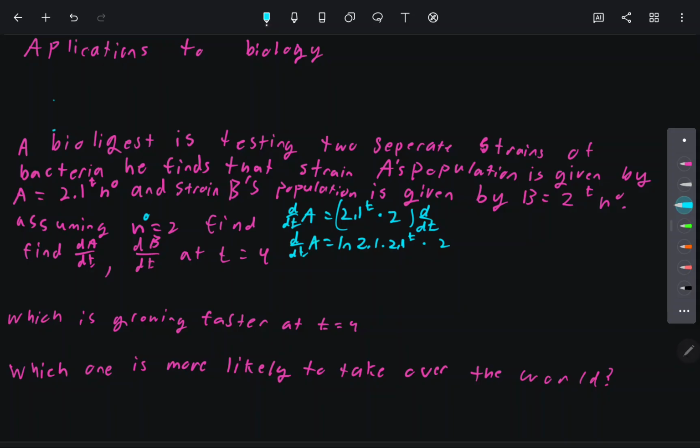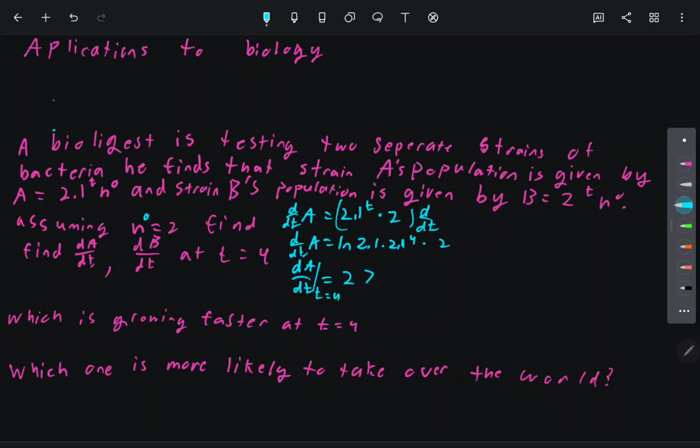And now we just have to plug in time is equal to 4. And we see after 4 seconds, or sorry, I believe this would be in hours, apologies. I just never stated that. Our dA dt evaluated at t is equal to 4 is equal to 26.96, so we're just going to say 27 because we're dealing with population.